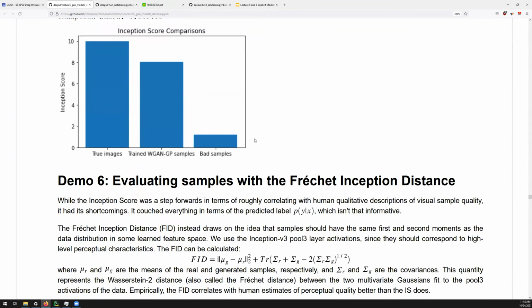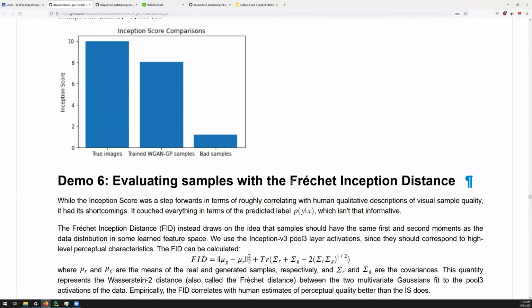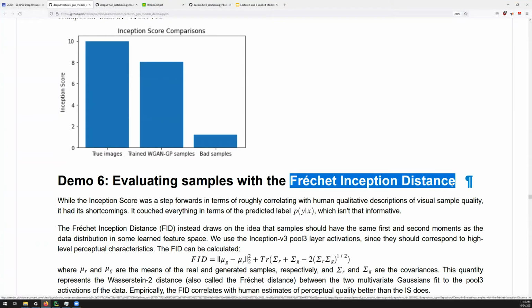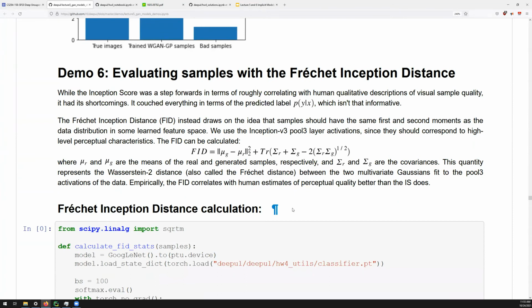And then we have the Frechet Inception Distance, which is similar to the Inception Score, but instead of looking at the classification at the end, you make sure that the moments of the layers below the classifier are close together.